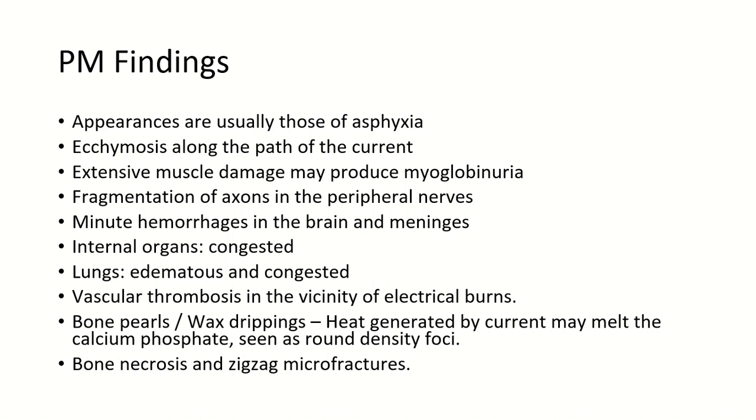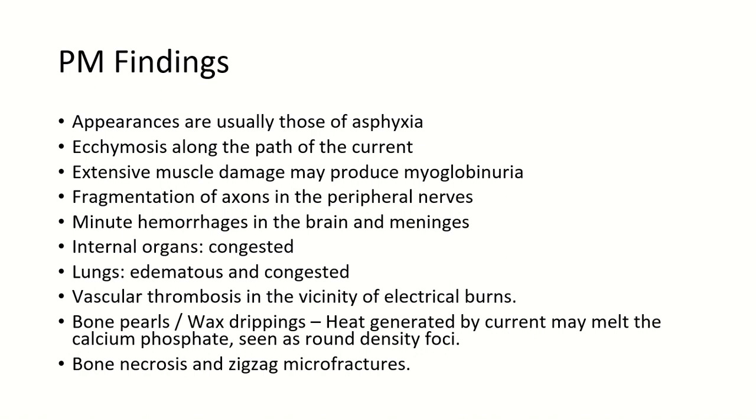Now the post-mortem findings in case of electrical injuries. These appear similar to those of asphyxia. Ecchymosis along the path of the current, extensive muscle damage that may produce myoglobinuria, fragmentation of axons in the peripheral nerves, minute hemorrhages in the brain and meninges.